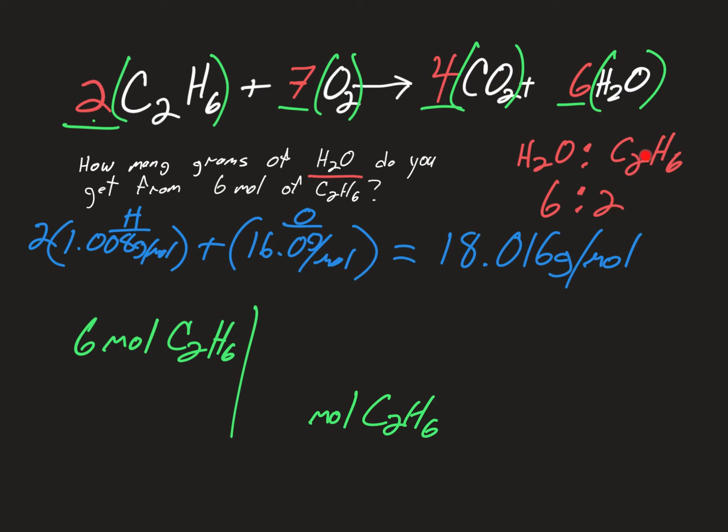So I know that I go from 2 ethane to 6 of the water. So I'm then going to say that this is 2 moles of that to 6 moles of H2O. And I know that that works, right? And then I'm going to go from moles of water, 6 moles of, oh, I'm sorry, not 6.